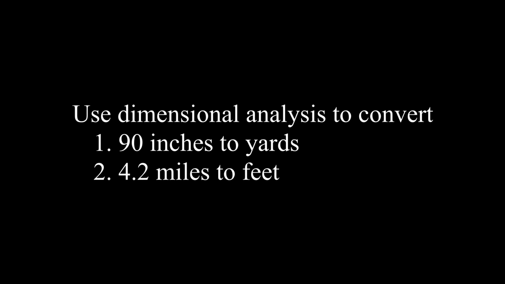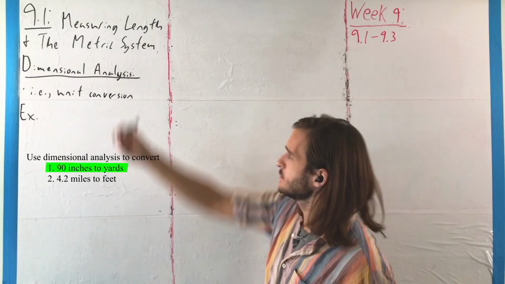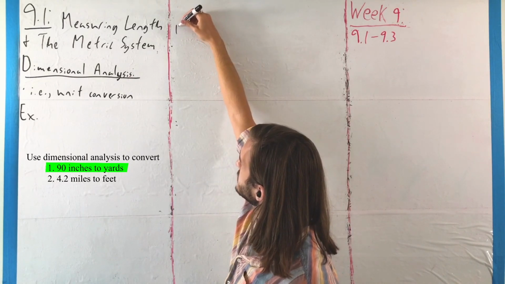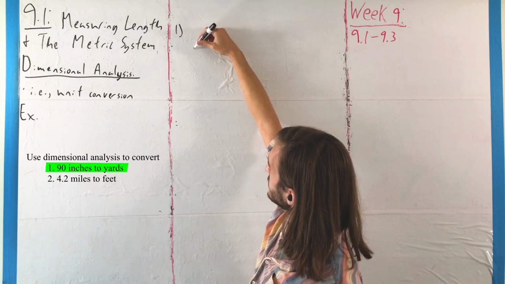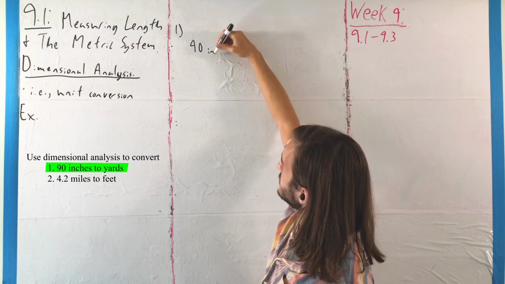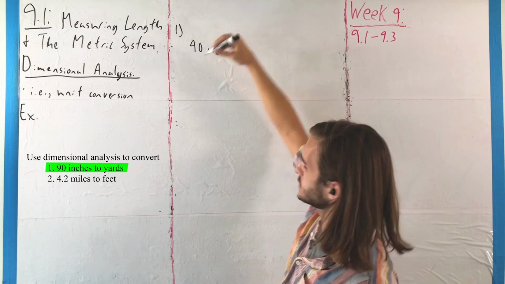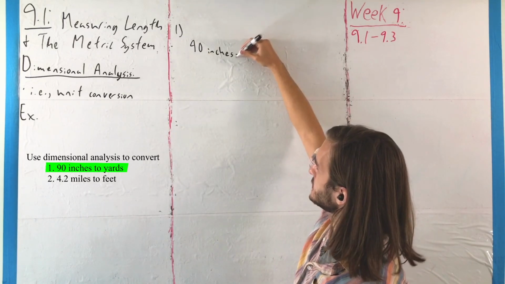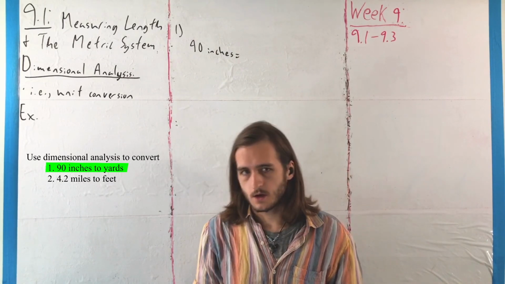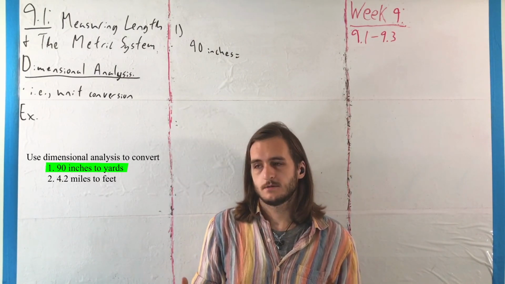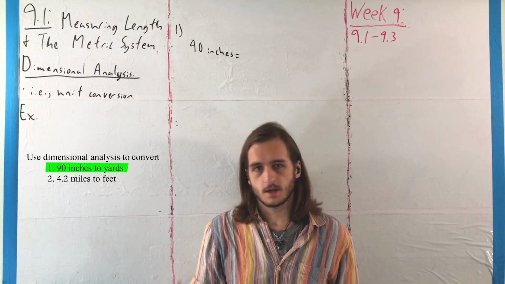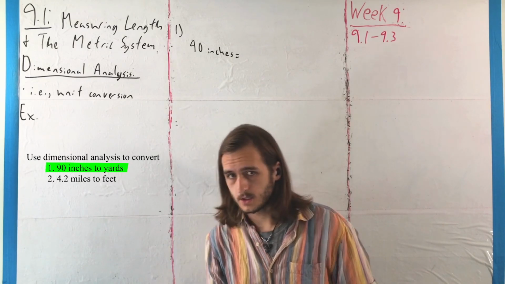For our first example, we want to use dimensional analysis to convert 90 inches to yards and 4.2 miles to feet. For that first case, we can start from recognizing that our value, 90 inches, can be seen in terms of yards as 1/36 of a yard per inch.